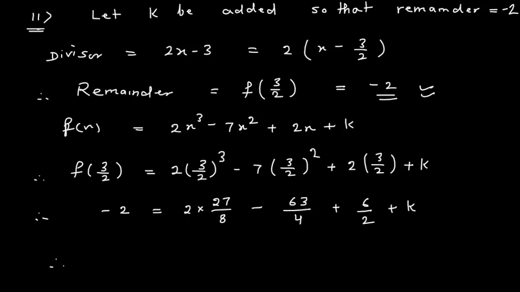Okay, so therefore minus 2 is equal to, now here this 2 and this 8 will cancel, so this is 27 divided by 4 minus 63 divided by 4, so 27 minus 63 whole divided by 4 I will take. Here 2 3s are 6, here I will write 3 plus k.